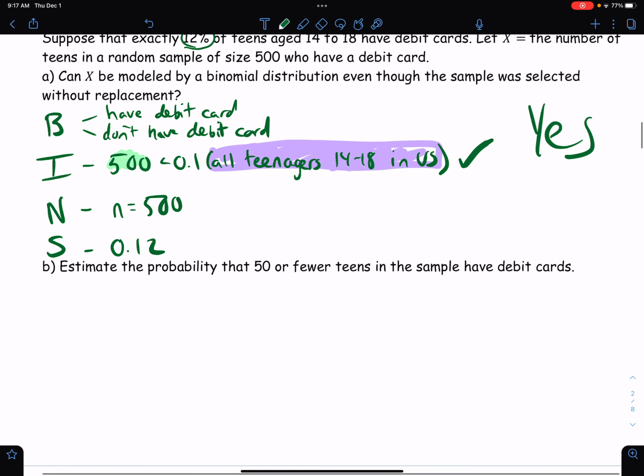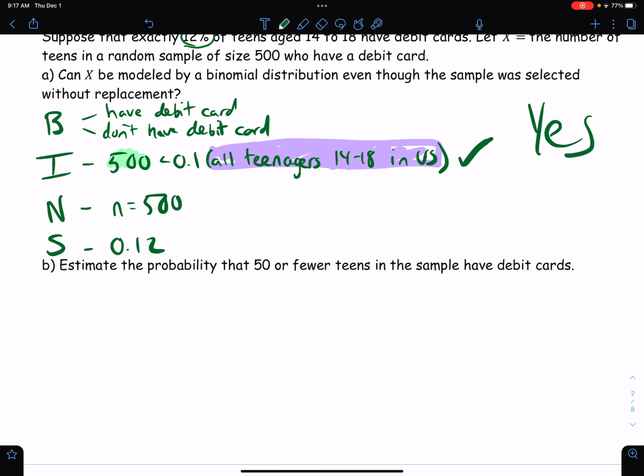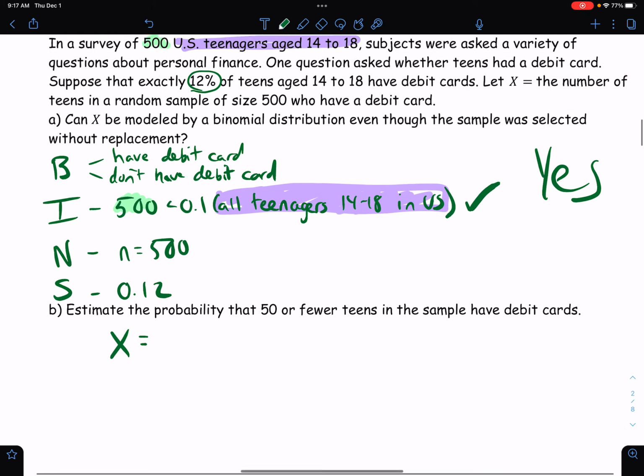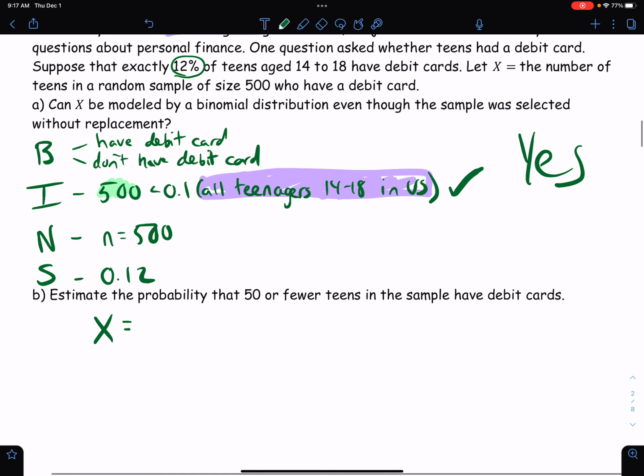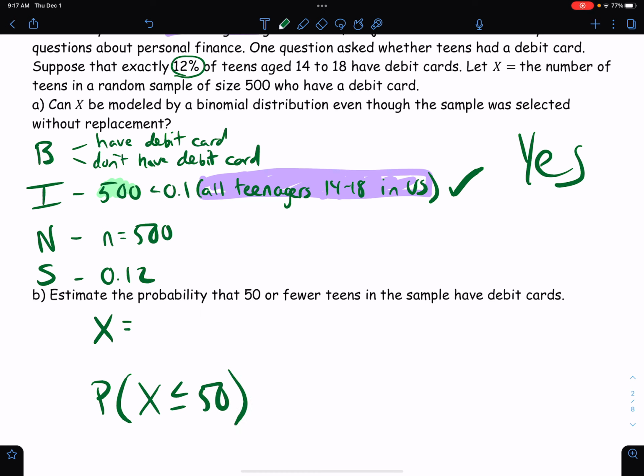And part B: estimate the probability that 50 or fewer teens in the sample have debit cards. Let's first state what our variable is going to be. Does it say it up there? It does, so we don't need to say it again. It's the number of teens with a debit card. So we want the probability that X is 50 or fewer, so less than or equal to 50. That's going to be binomial CDF, because we're counting from 0 to 50.